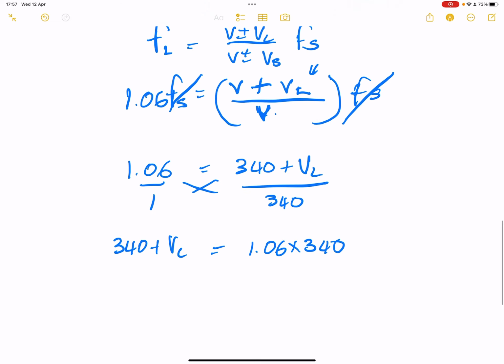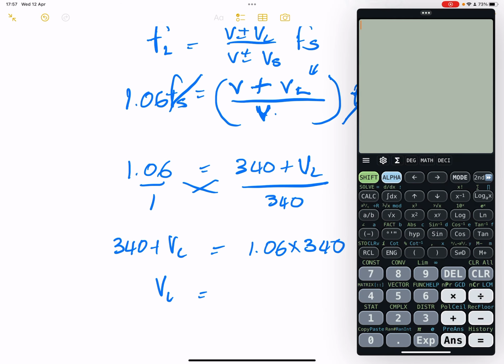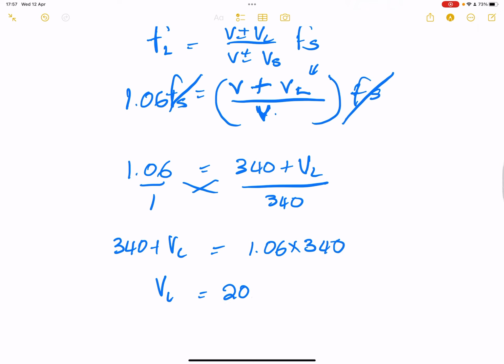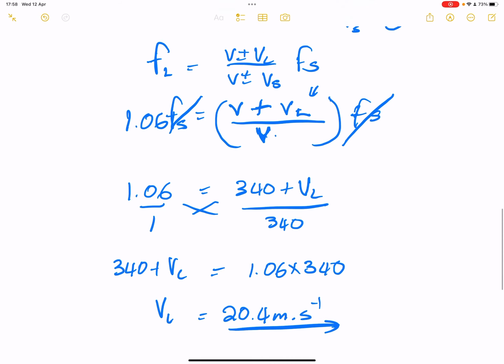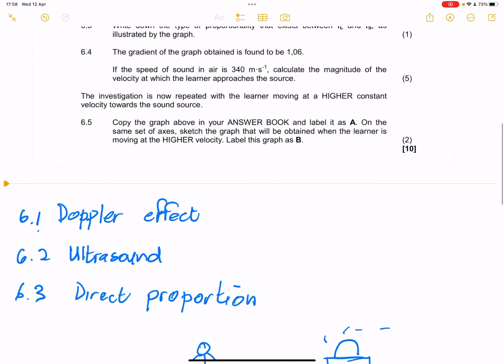To get VL, we take 1.06 times 340 and subtract 340, and that gives us 20.4 meters per second. So the learner was moving at 20.4 meters per second. I hope that makes sense, ladies and gents.